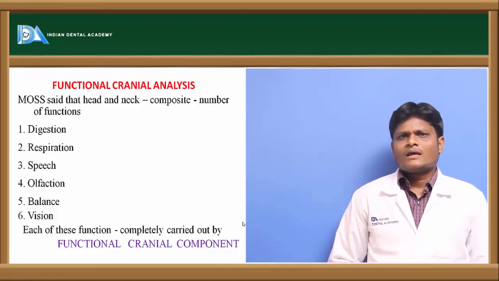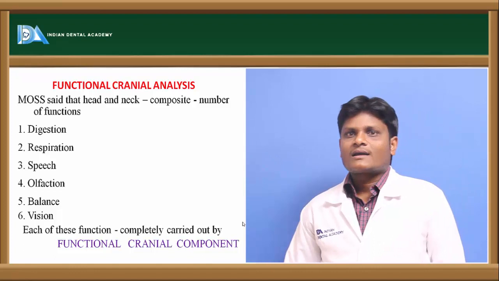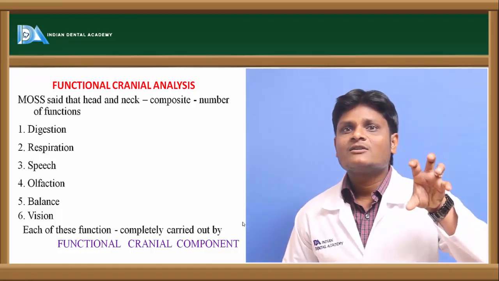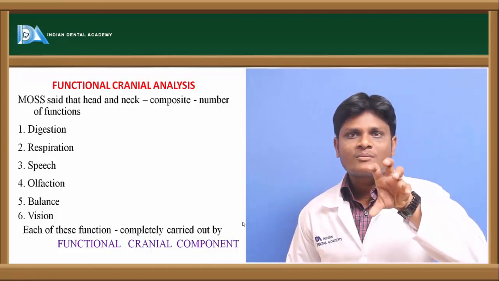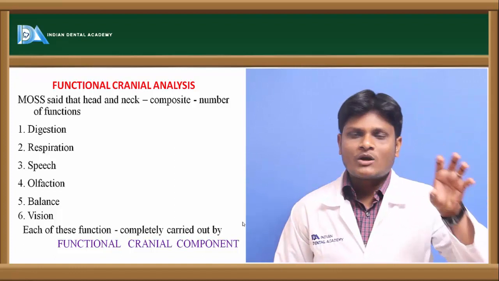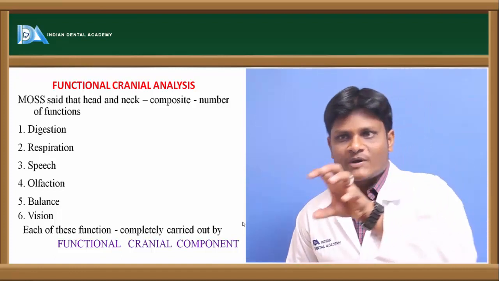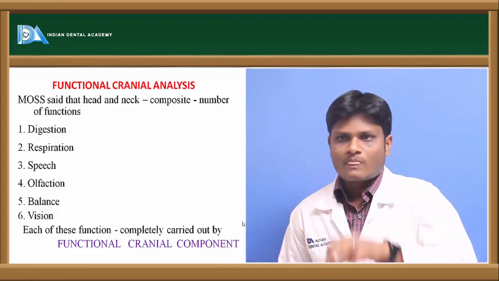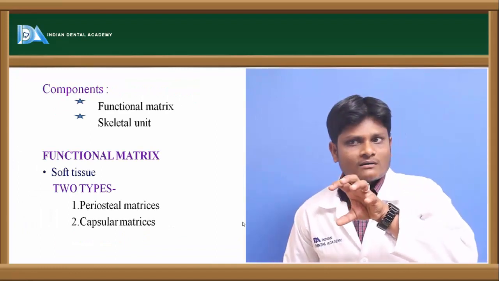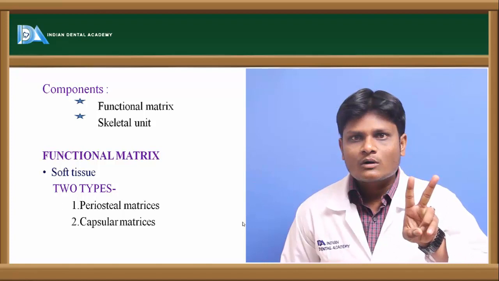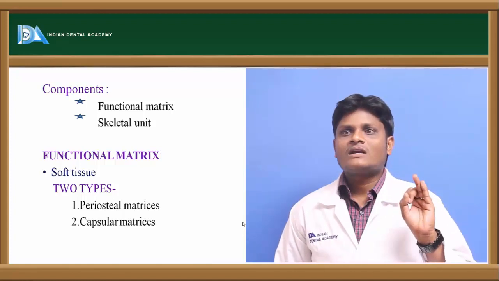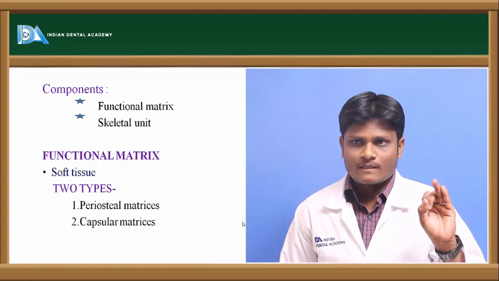Each of these functions is carried out by a group of tissues. We call it a functional cranial component. That means one functional cranial component carries out digestion, one carries out respiration, and so on. When we take a functional cranial component, it has two components in turn. One is the functional matrix, another one is the skeletal unit.